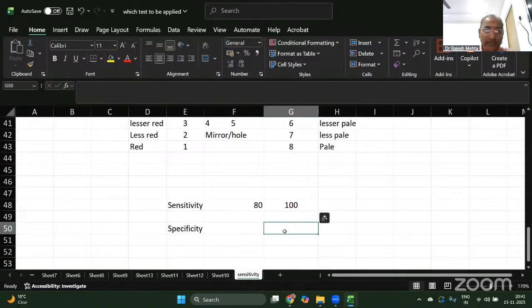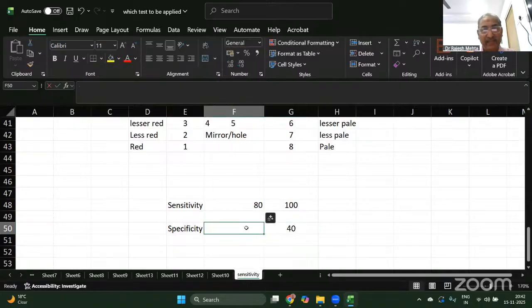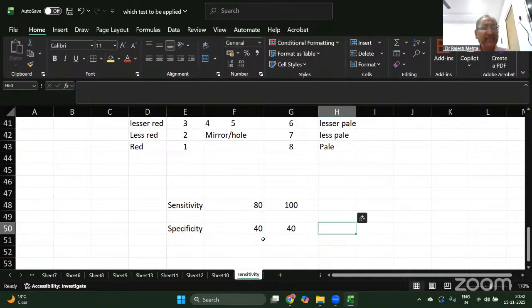While specificity: if 40% are not suffering, and the test says yes, 40% not suffering, so the ability to detect that these do not have the disease, then it is 100%. So it is very choosy. If it is not there, it will say it is not there. That is the specificity.